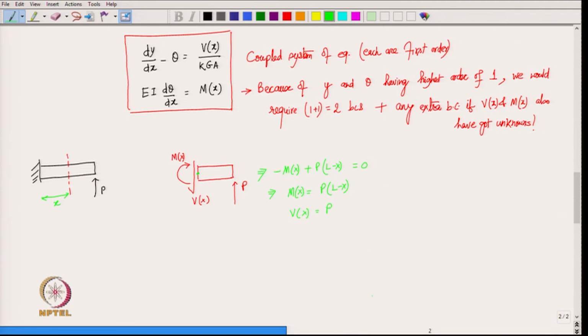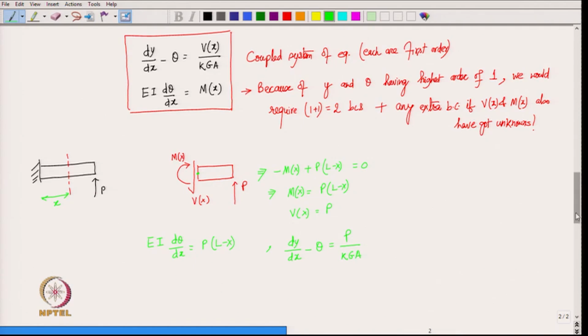So, we can plug in these two formulas in our equations, and then we get EI dθ by dx is equal to P into L minus x, and the other one is dy by dx minus θ is equal to V of x, which is P divided by correction factor k G A.